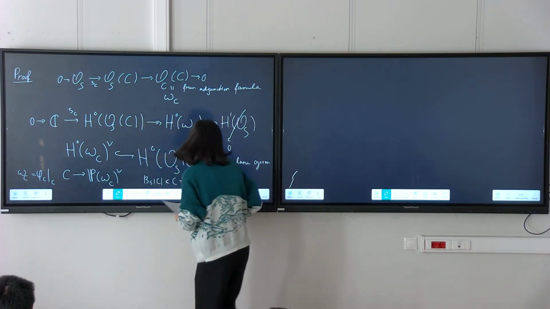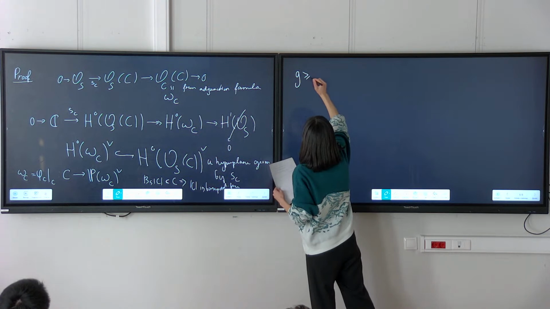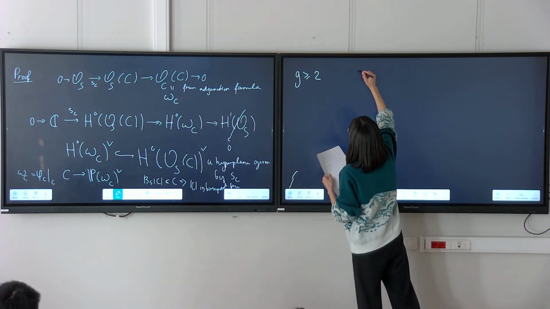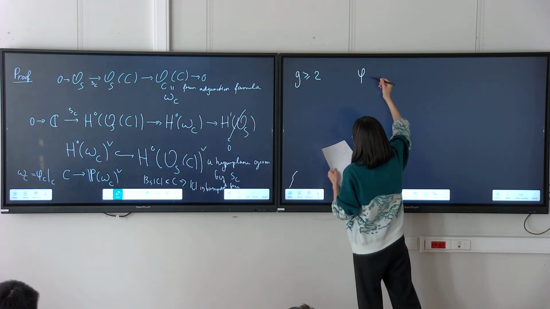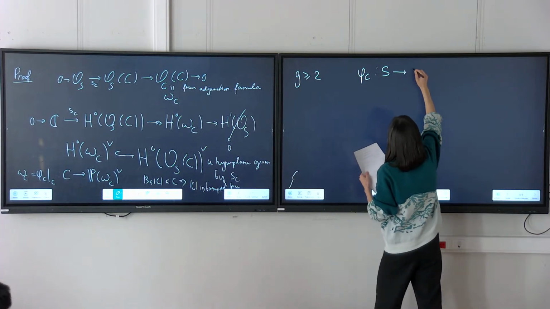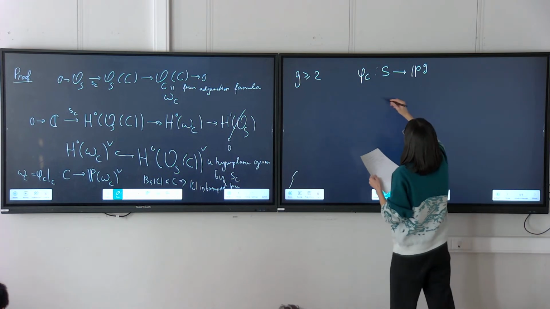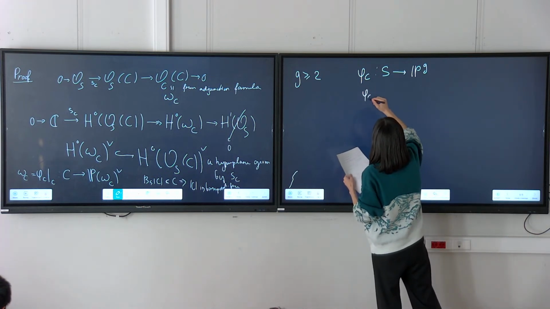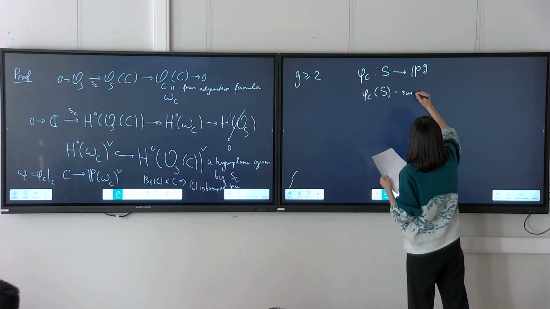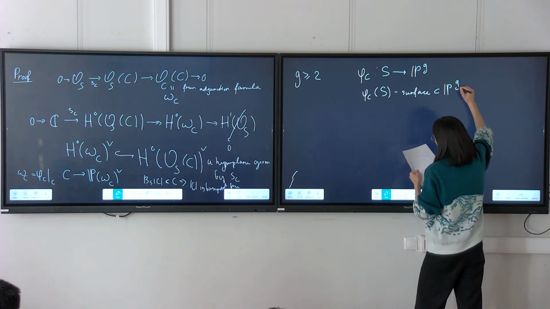Yes. Okay, now what we have proved so far is that for g greater or equal to 2, we have a regular map to P^g, and phi_C of S is a surface in P^g.